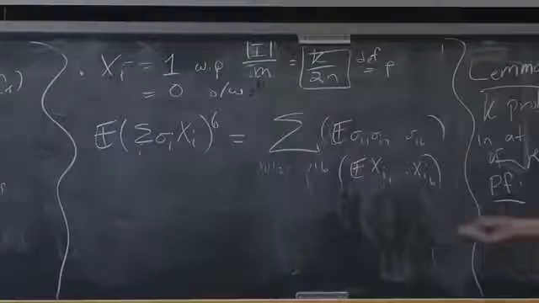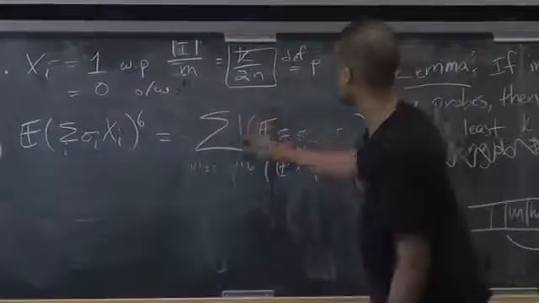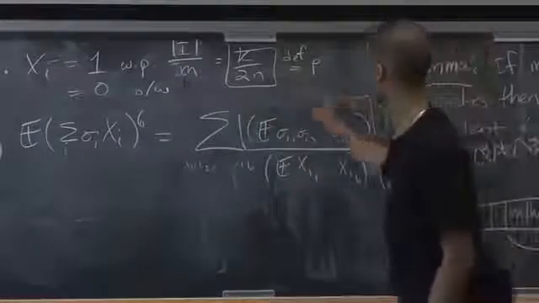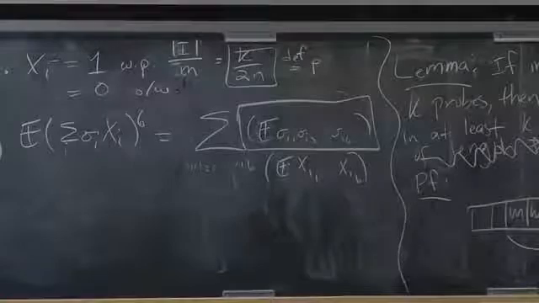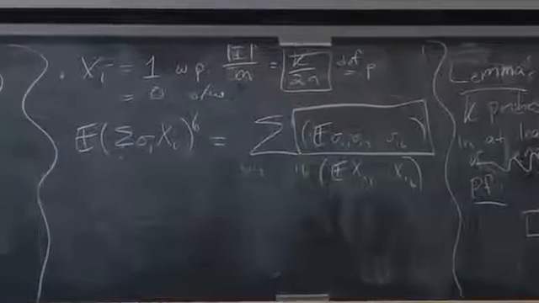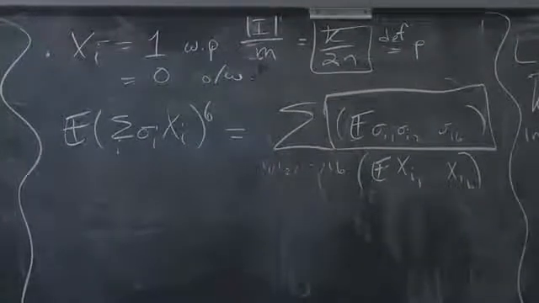And the point here now is, what is the expectation of this thing here? I claim the expectation has one of two possible values: 0, 1. And when is it 0? When is it 1? That will certainly make it 1, but that's not the only time it will be 1.